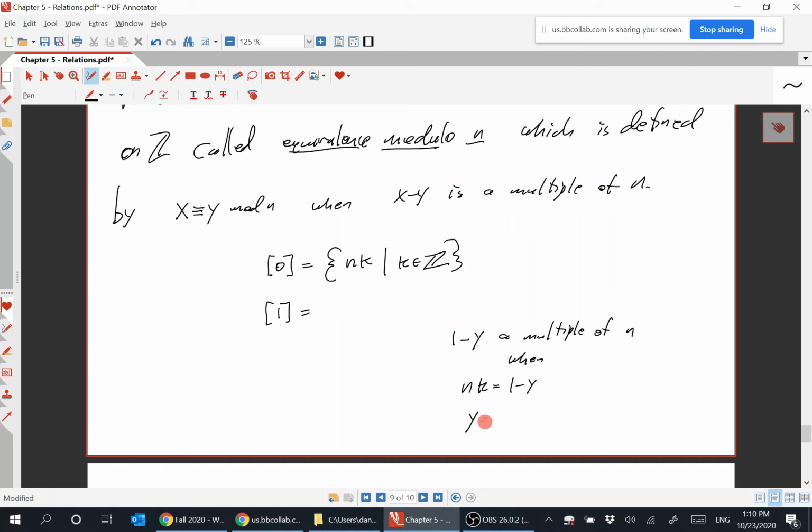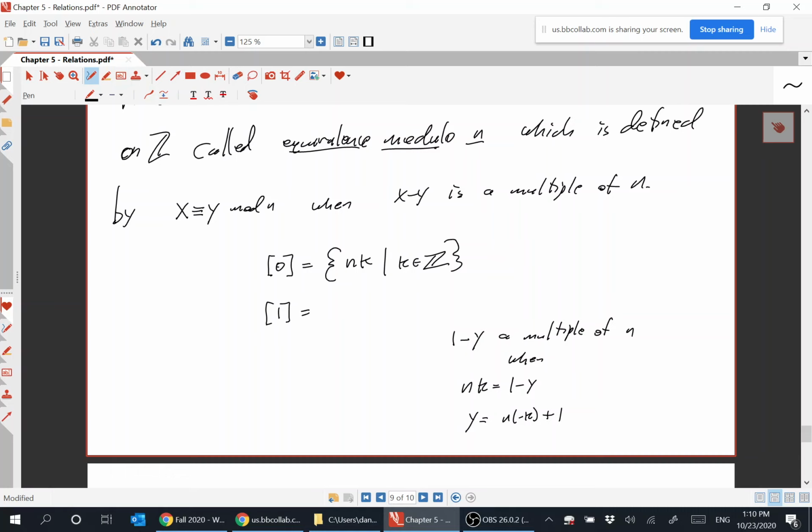Yeah, when y is equal to n times minus k plus 1. So 1 minus y is a multiple of n when y is equal to n times an integer plus 1. Right, so that's the equivalence class of 1.